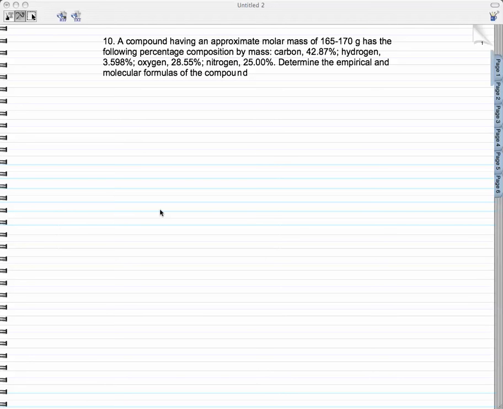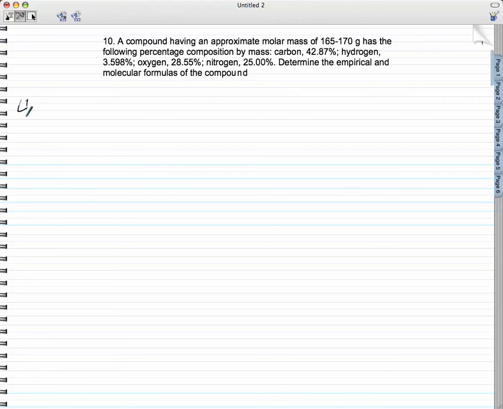But what we can do, if we know the mass percentages here, again, we're interested in the ratio of molecules, so it doesn't matter what total sample size we have. So it's easiest just to keep it as, say we had a 100-gram sample of this. The percentages would be how many grams of each element we had.